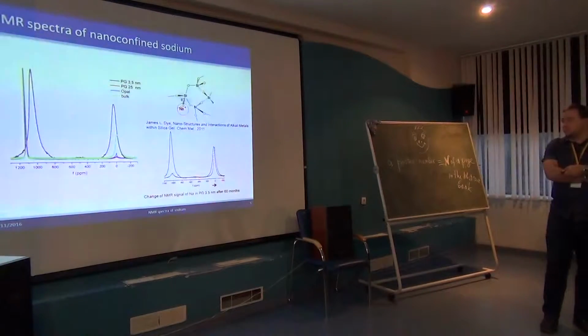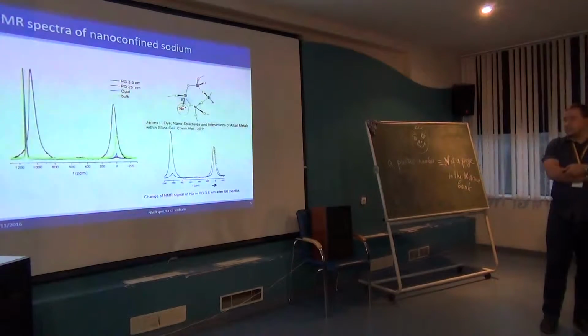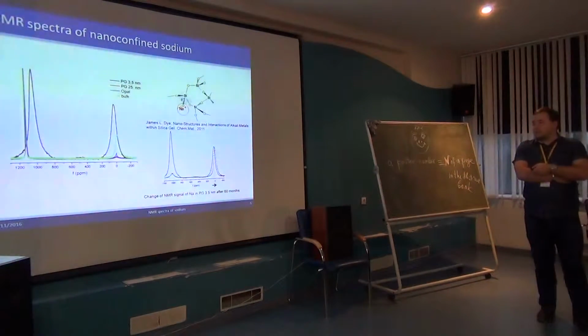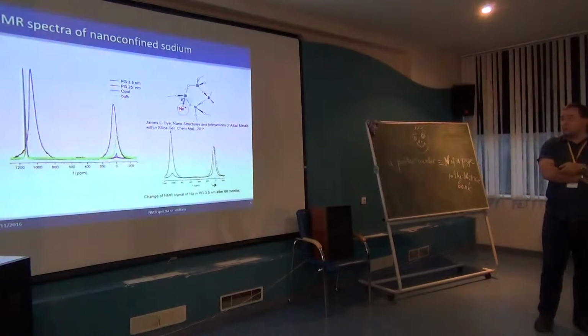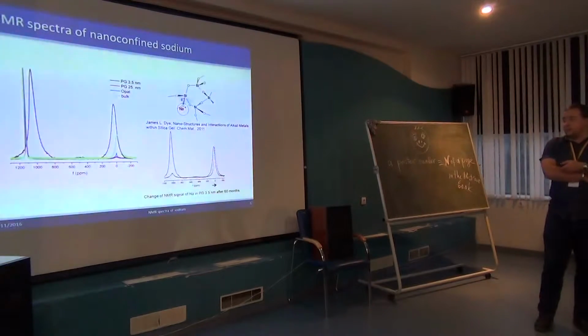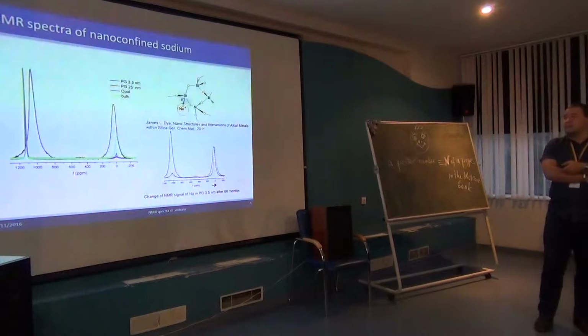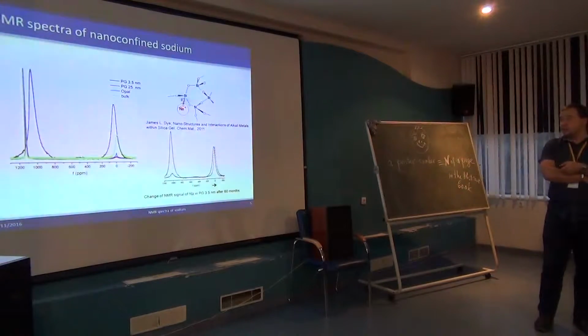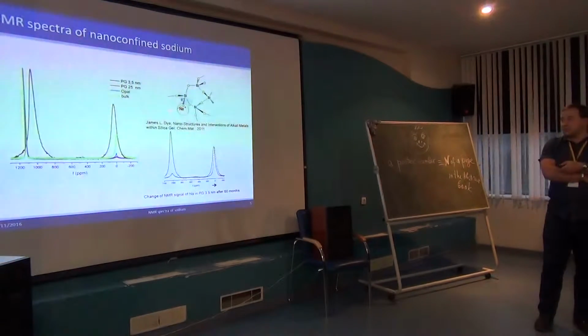But as for sodium with chemical shift about 0, we can see that the position of line has shifted toward the low frequency range, exactly where the line corresponding to sodium oxide of bulk sodium is observed. That effect could be explained by evolution of sodium, which was previously interacting with silicon of the matrix or oxygen of the matrix, and it was oxidated.